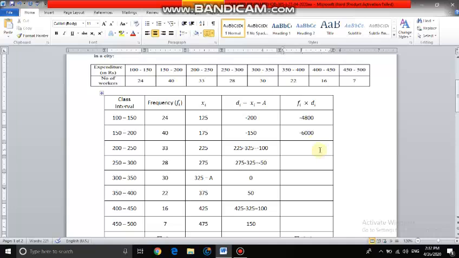Then 33 into minus 100, minus 3,300. 28 into minus 50 is minus 1,400. And 0 into 30 is 0. 50 into 22, 1,100. 16 into 100, 1,600. 7 into 150, 1,050.